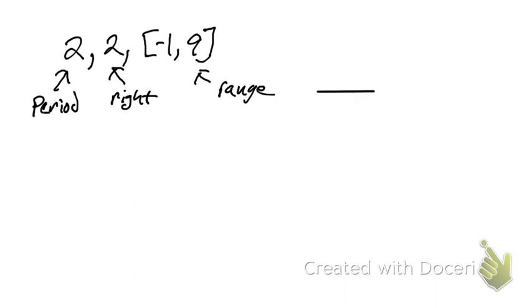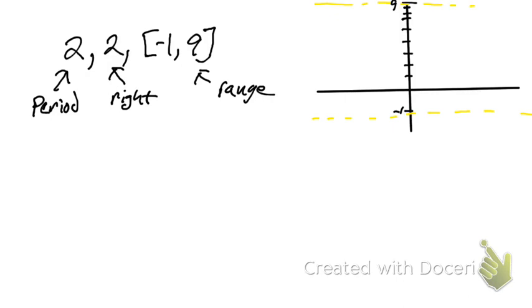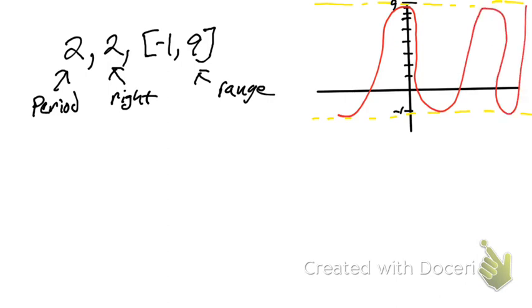So just coming up with a general idea graph of this, we'll say this is -1, 0, 1, 2, 3, 4, 5, 6, 7, 8, 9. All right, our graph is bouncing somewhere between that -1 and 9. And I don't care how it's doing it. We just know it's going to look something like that. That's all that range says, is it's bouncing between that -1 and 9.